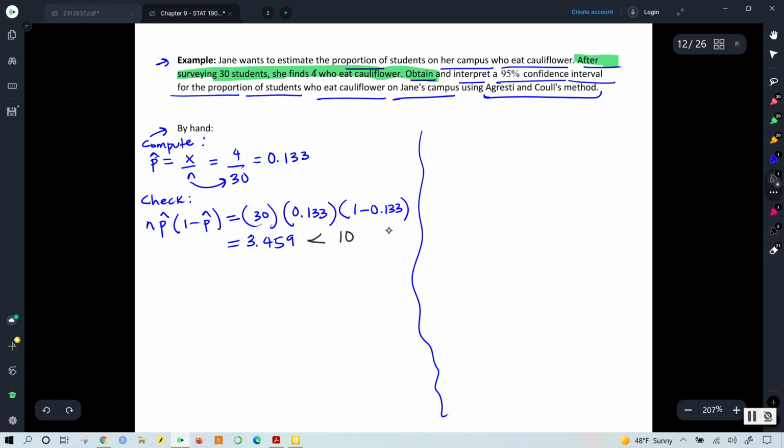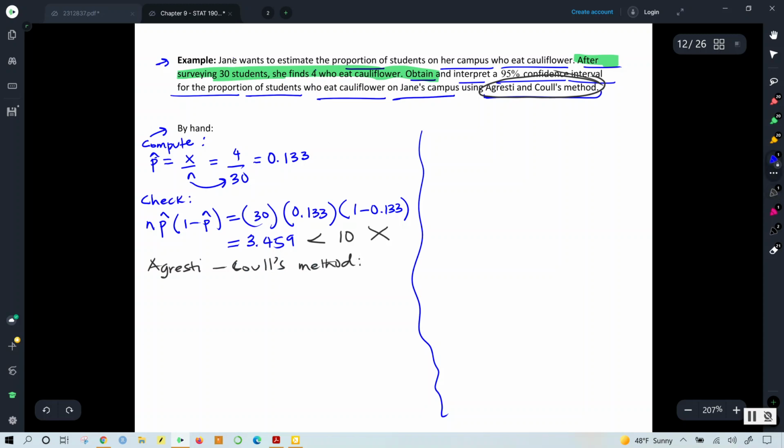This is less than 10. It does not meet the condition for using the normal approximation to the binomial distribution to build the confidence interval for the population proportion. So when this happens, an alternative approach that does not require this condition is the Agresti and Coull method for computing confidence intervals for the population proportion.